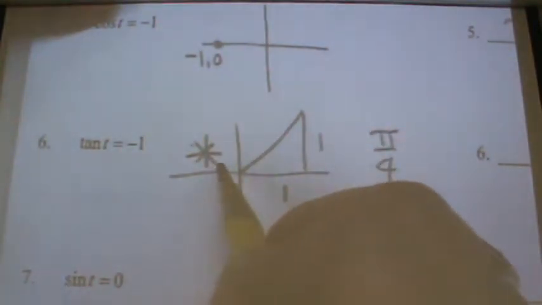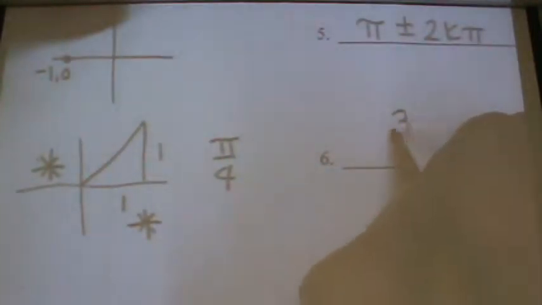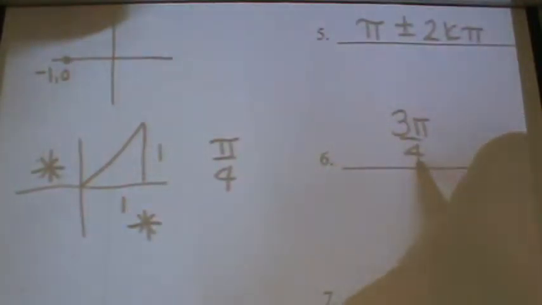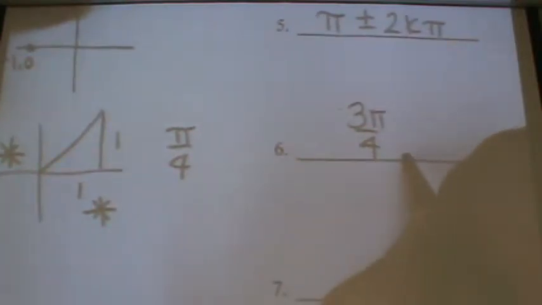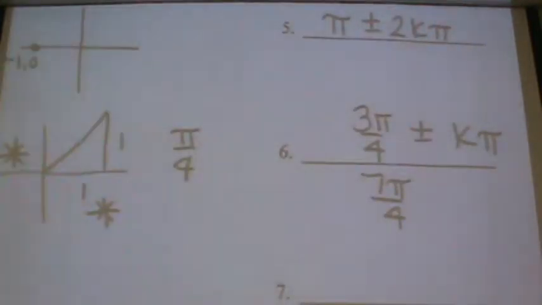Here and here. Tangent's negative in quadrant 2, and it's also negative in quadrant 4. So it's 3 pi over 4 and 7 pi over 4. Now how do we write this answer? If you want to just write the first one and write k pi, that's fine, or write them both and write plus or minus 2k pi.